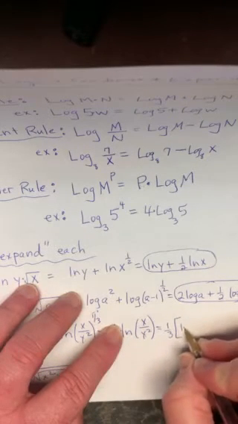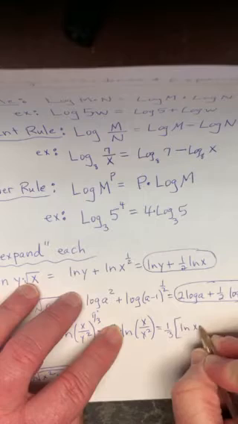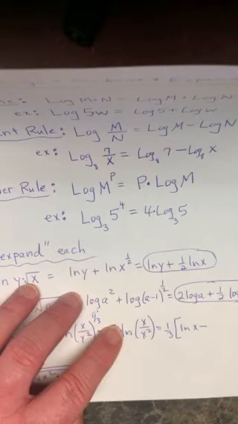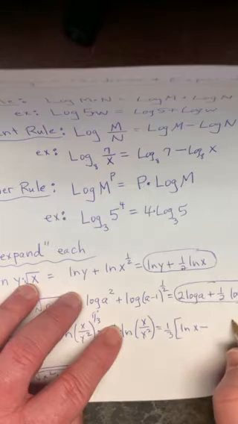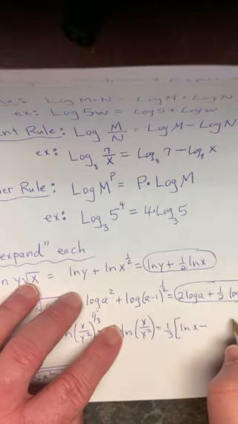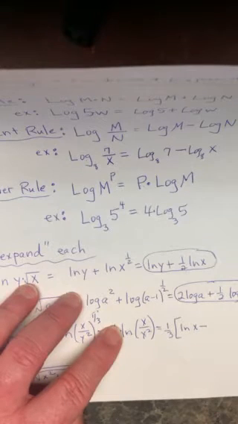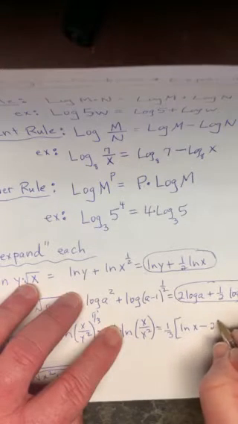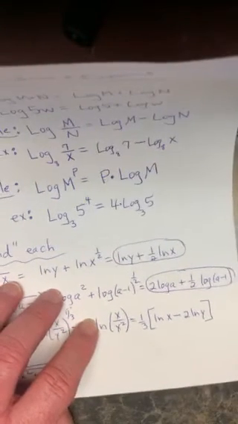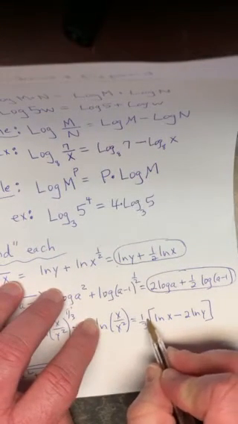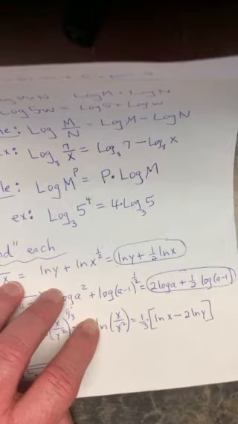So I've got the ln of x minus, now, technically I would write the ln of y squared, but do you agree that the squared, the exponent, would get moved in front because it's a power? So it's really 2 ln of y. And then this 1/3 that's dot connected to that entire quantity can get distributed to each.